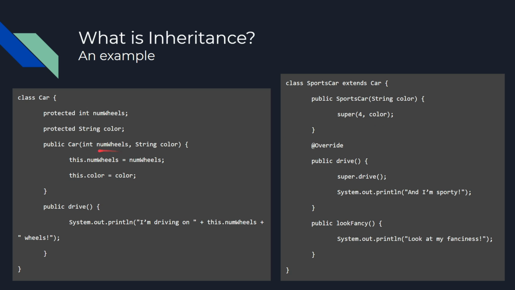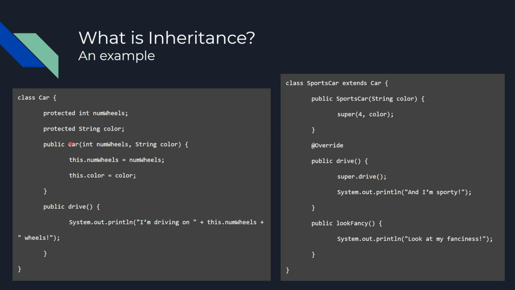A car can have any number of wheels in any color. However, with a sports car, we are making sure that it only has 4 wheels, but then we can take in any color and use that. So that's what super means in this context.